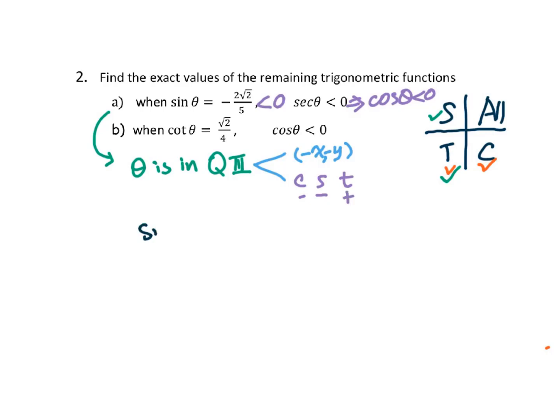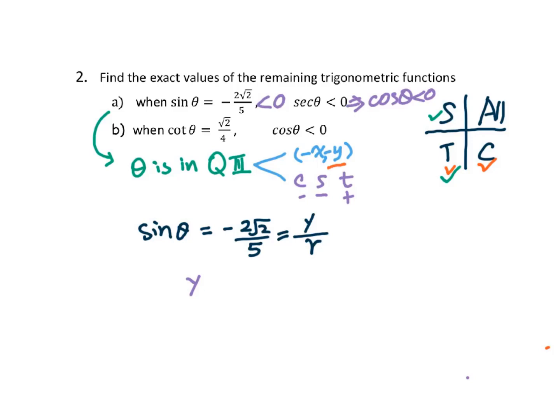Now let's go back to sine theta equals negative 2 square root of 2 over 5. Sine theta equals y over r. So y is negative.